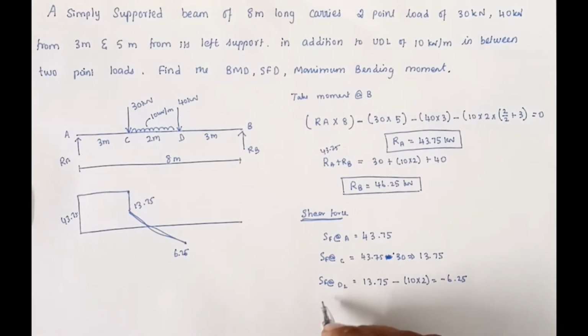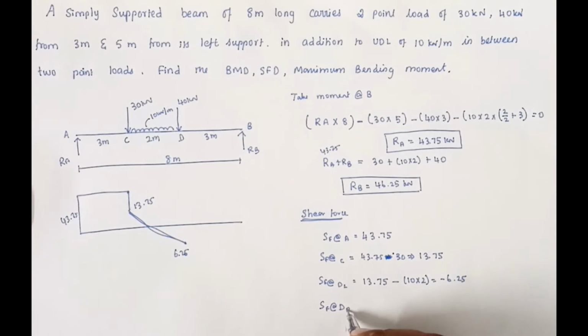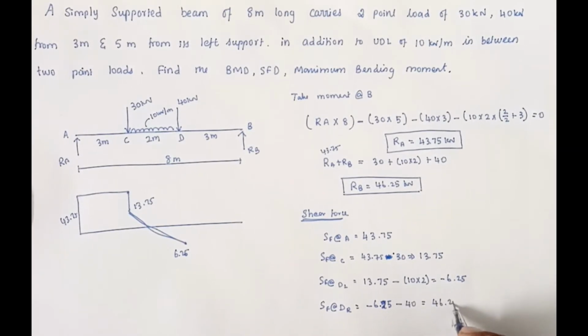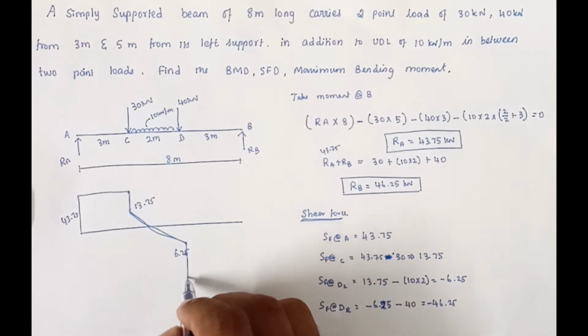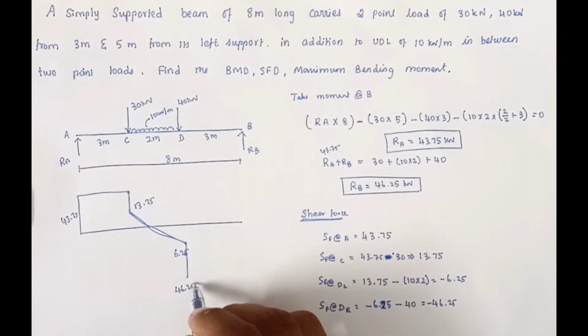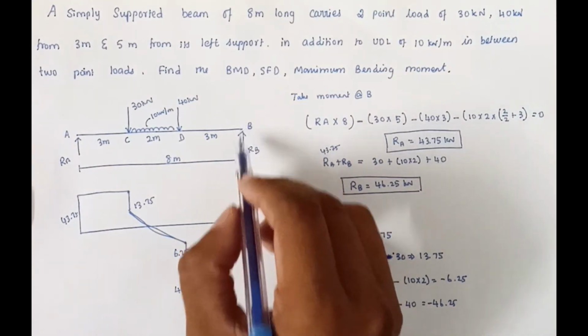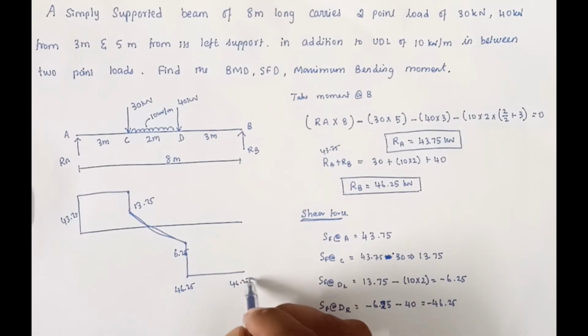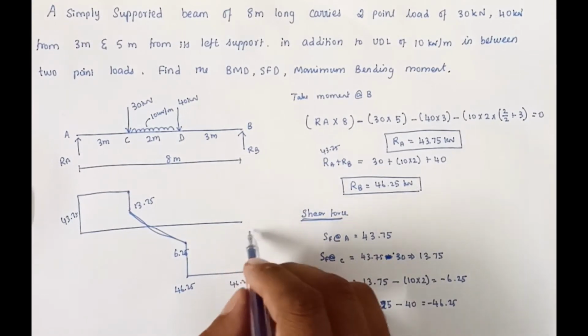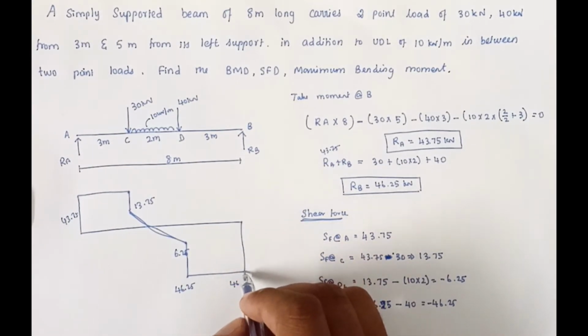Again, SF at D right side we have minus 6.25, and again minus 40 equal to minus 46.25. So on the right side it is minus 46.25, and from there to B left side it is the same, 46.25. At the end we have 0.